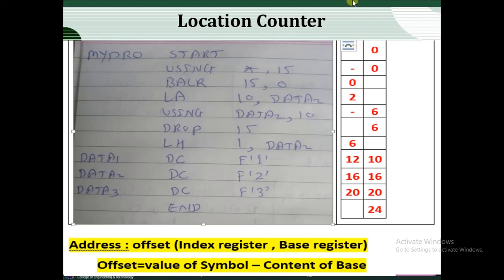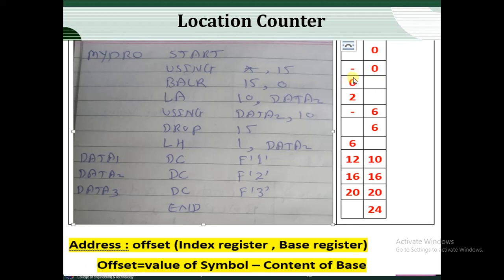START is the first pseudo opcode, so it doesn't take any location counter, and we write the 0 value. The second is also a pseudo opcode, so here we take the second 0 value.